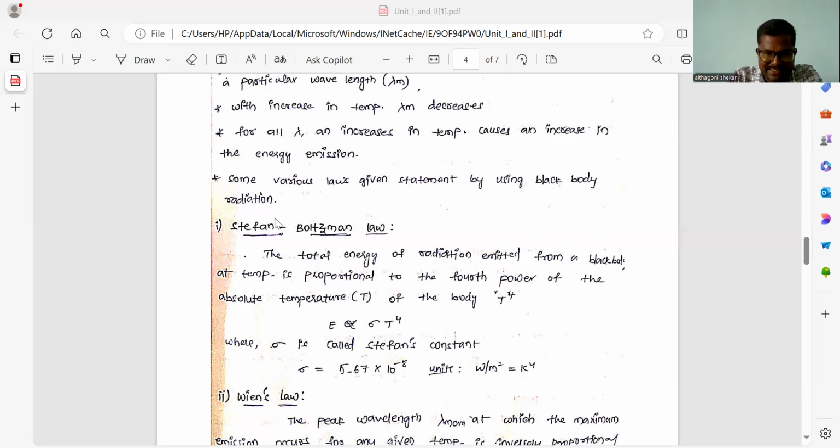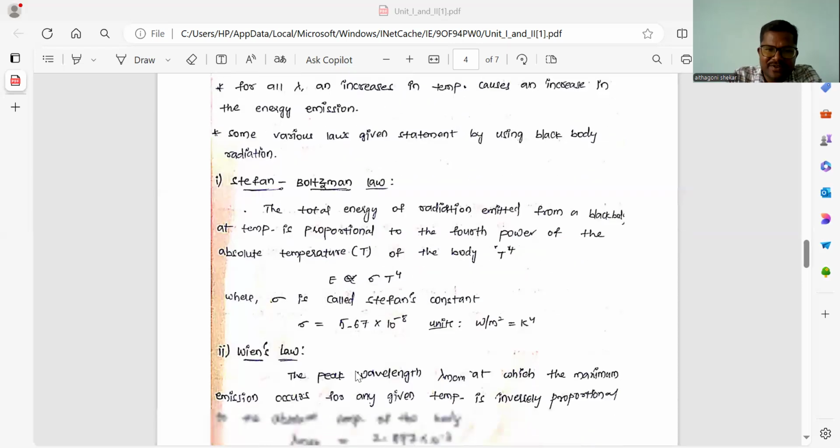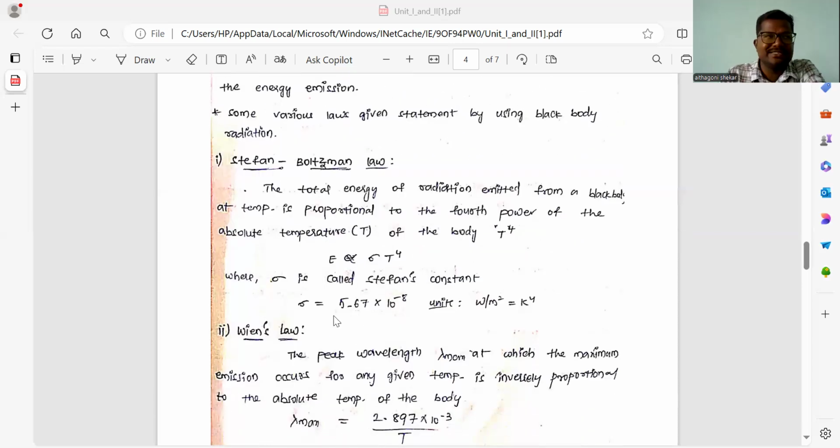This is the Stefan-Boltzmann law. Neglecting the proportionality, we get E equals sigma T to the power 4. The sigma is called the Stefan constant. The Stefan constant value is 5.67 times 10 to the power of minus 8, in units of watts per meter squared Kelvin to the power 4.